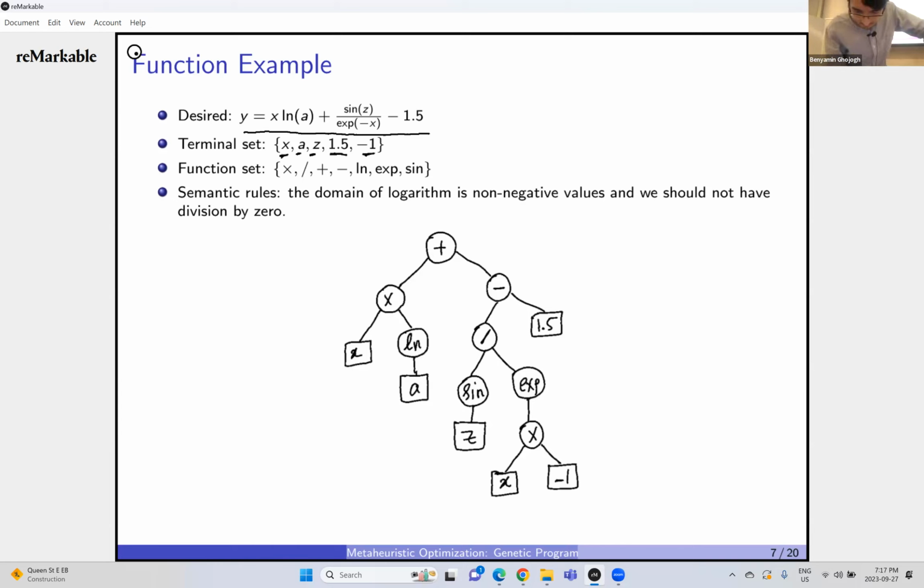Function set: multiplication, division, plus, minus, natural logarithm, exp operator, sine, okay? Then let's write it down. So what should I do? By the way, the terminal nodes, the variables, I usually put them in a square. The rest of the nodes, a circle, right? Yes.